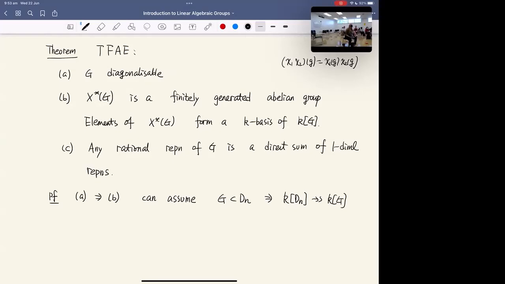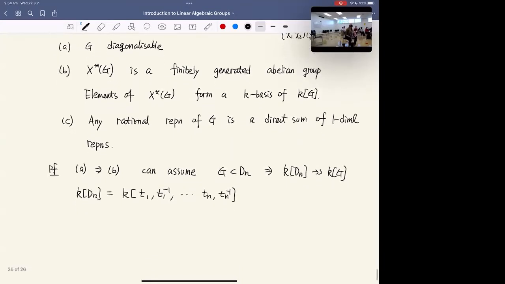So now, what is the coordinate ring of Dn? Very good. T1 inverse, and so on, Tn inverse.